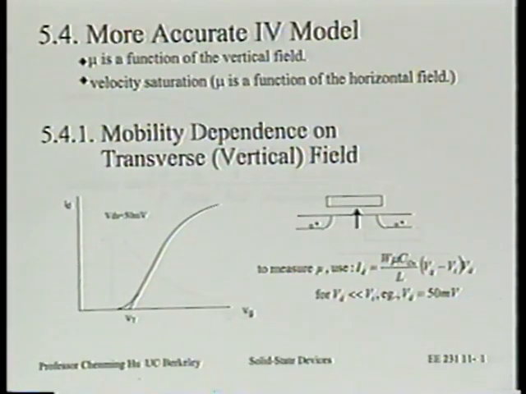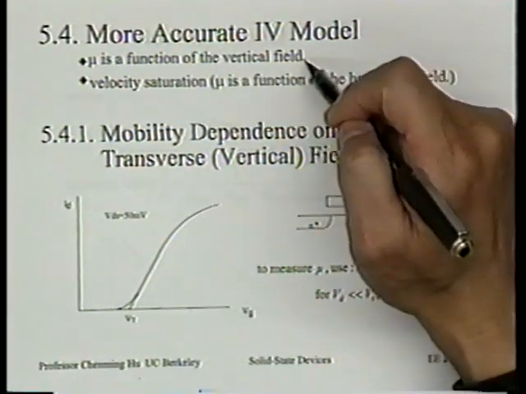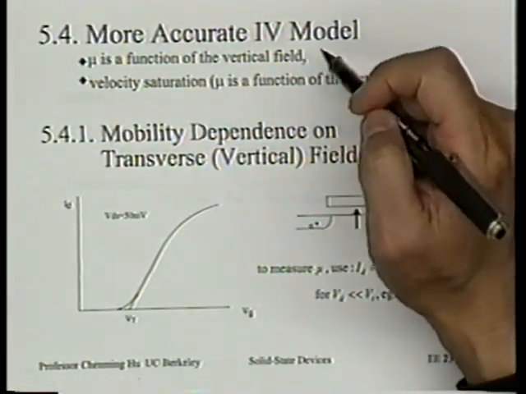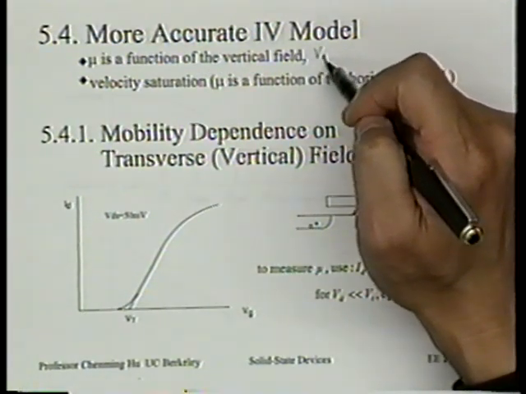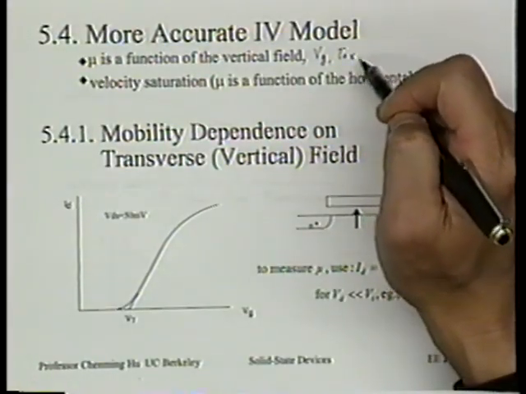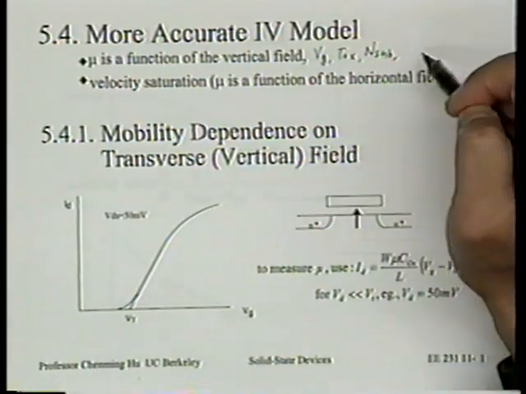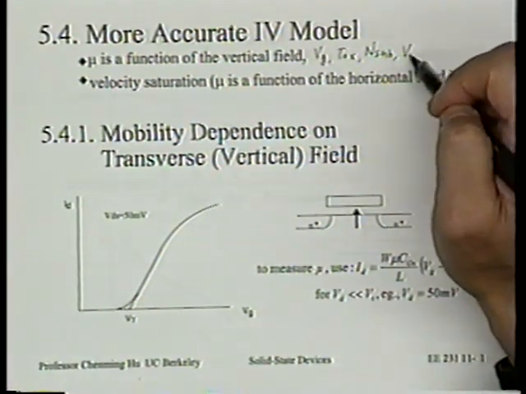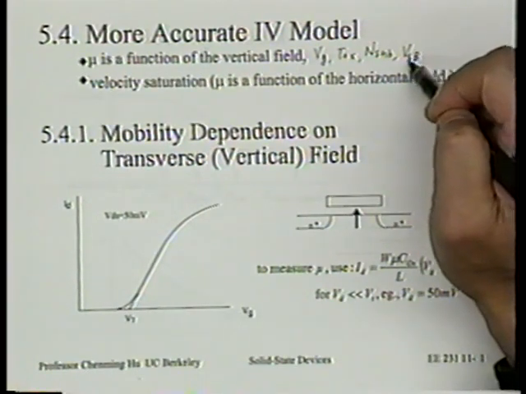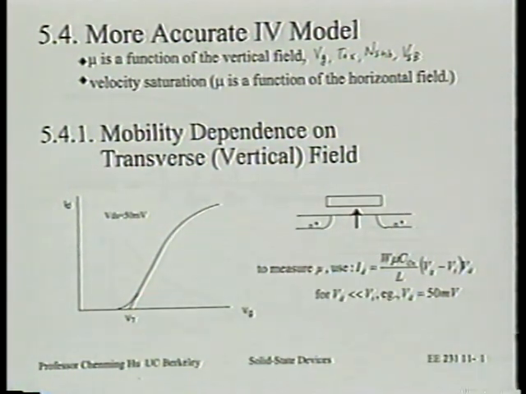It's a function of the vertical field, but actually, if we really talk about it, it's a function of Eg, it's a function of Tox, it's a function of doping concentration, it's a function of substrate bias. At least these things can influence the mobility. Now, maybe I have omitted one thing or another, maybe not, but at least these four things are known to have significant impact on mobility.